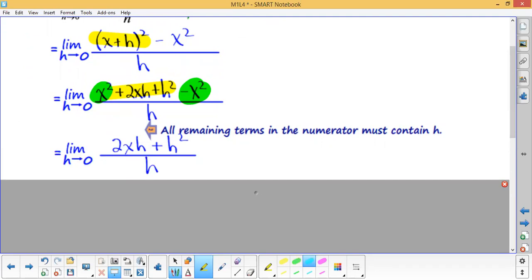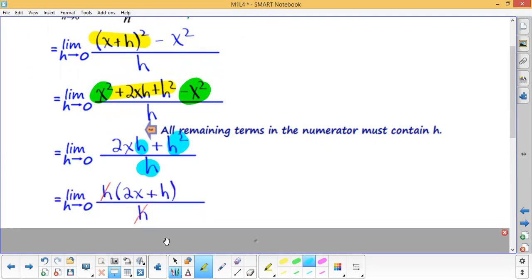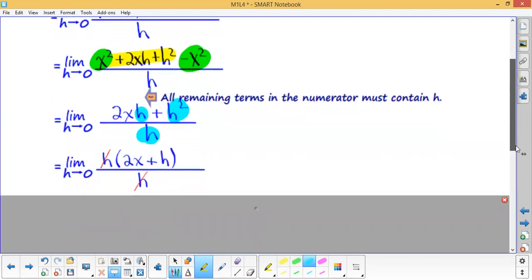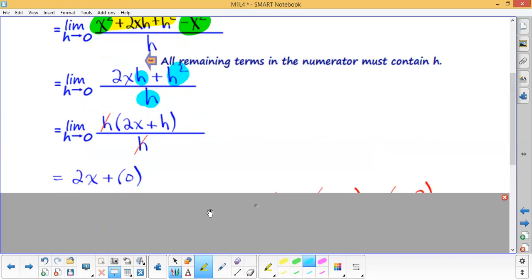So I'm going to take my blue highlighter and highlight all of my h's so I can factor a greatest common factor of h out of the numerator. Now that h cancels with the h in the denominator, so I'm left with the limit as h approaches 0 of 2x plus h.